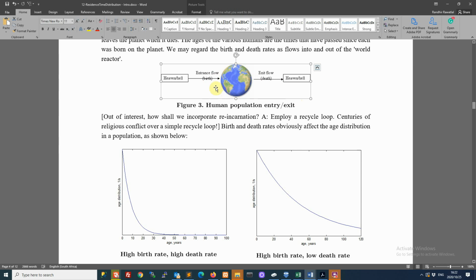And it is important to think about this because if you have a country with a high birth rate, then you can imagine that there will be a relatively high proportion of young people in that population. And in a similar way, if we compare a reactor with a high entry flow rate, then we will have on average fluid elements that have a lower residence time. So there'll be fluid elements that have spent less time in the reactor.